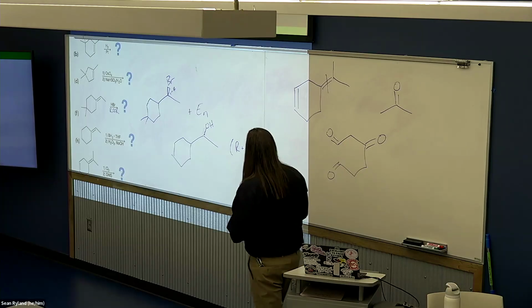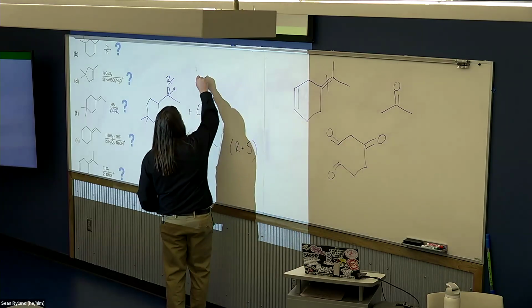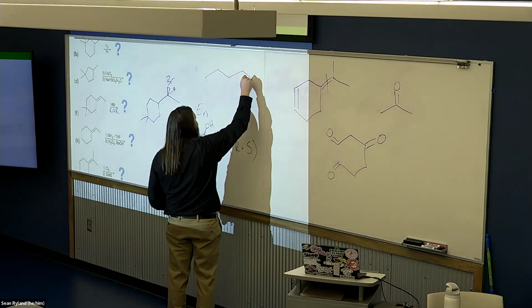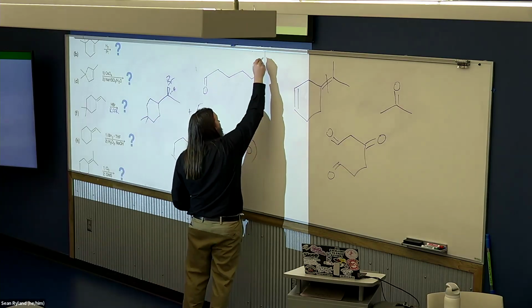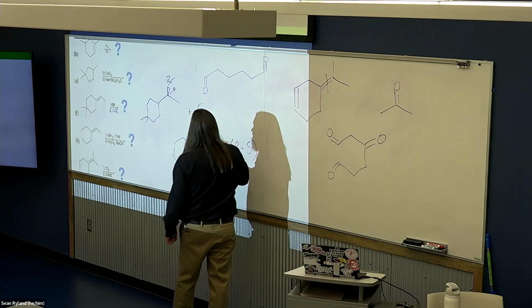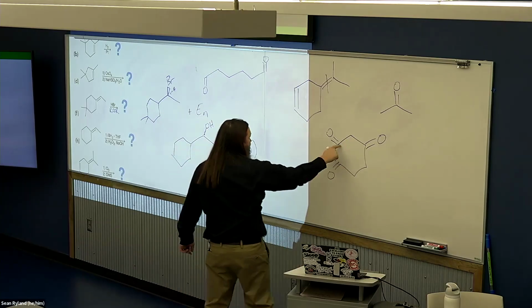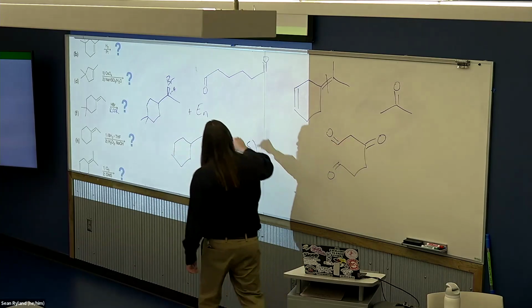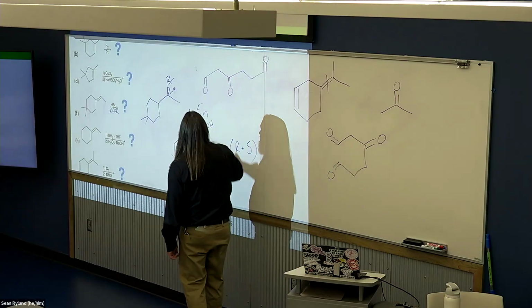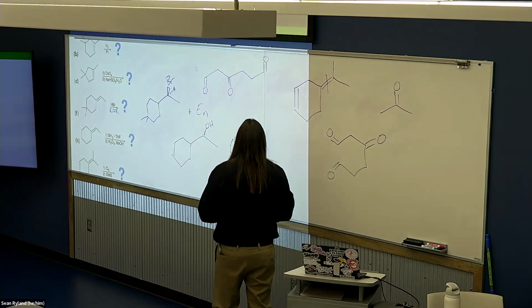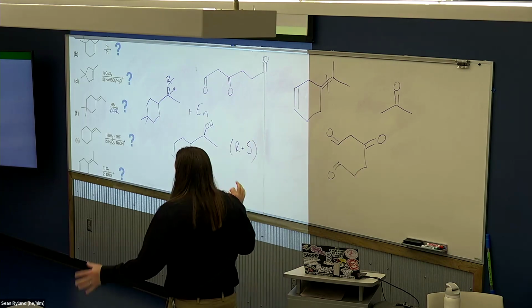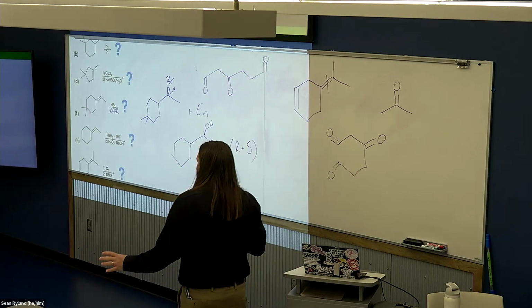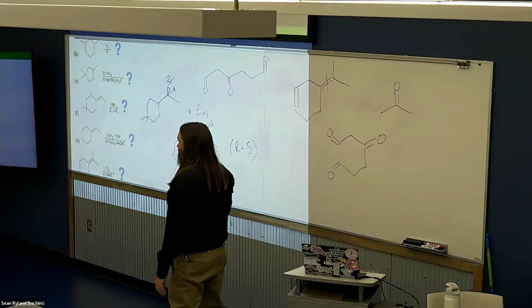So it's going to be a double aldehyde. Aldehyde on this end, aldehyde on this end, and then 3 carbons in. Count from either side, it doesn't matter. It's our other oxygen. It's not too tricky, but if you rush it, it's easy to add a carbon or delete a carbon.